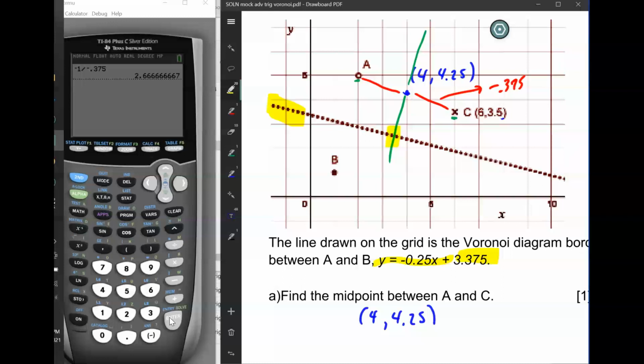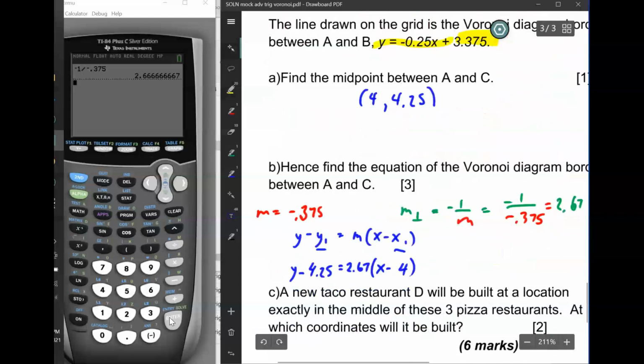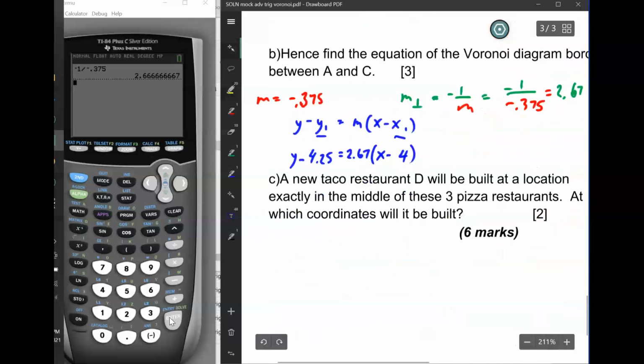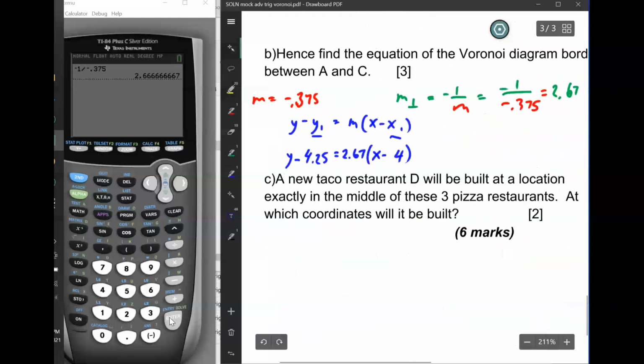How do we do that? Well, first of all, we're going to need to know the form of this equation, which we can put in the calculator. We can't put this in the calculator as is because it doesn't have y equals by itself. So we're going to add 4.25 to both sides.